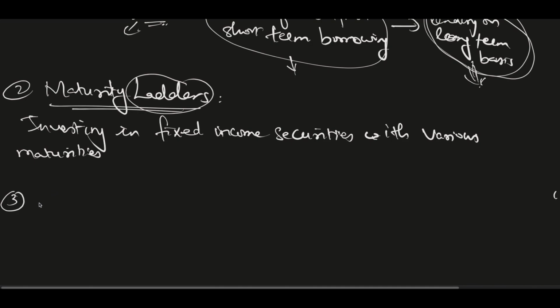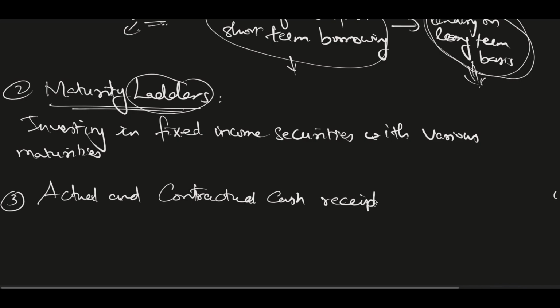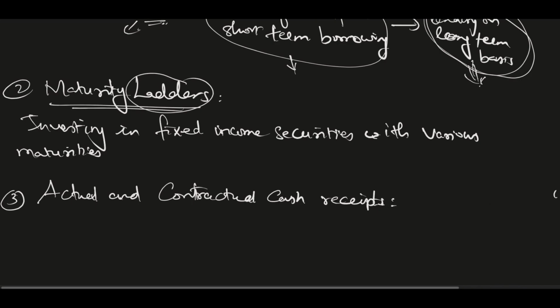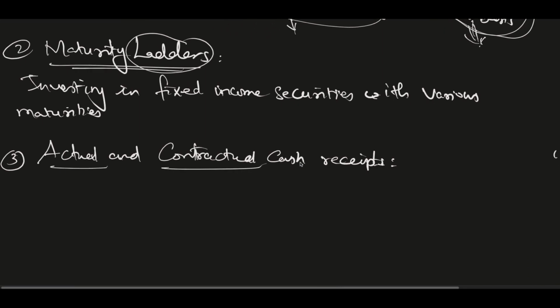Third one is actual and contractual cash receipts. Certain cash flows will be based on the actual movement of the market.